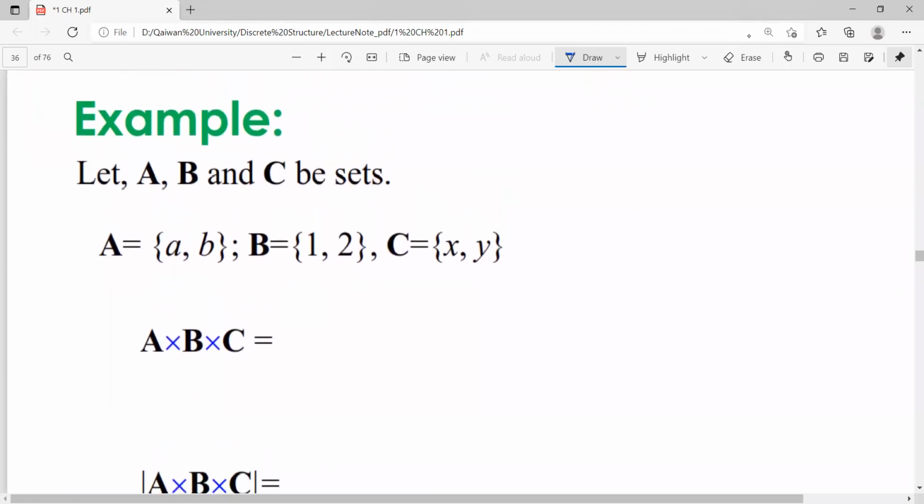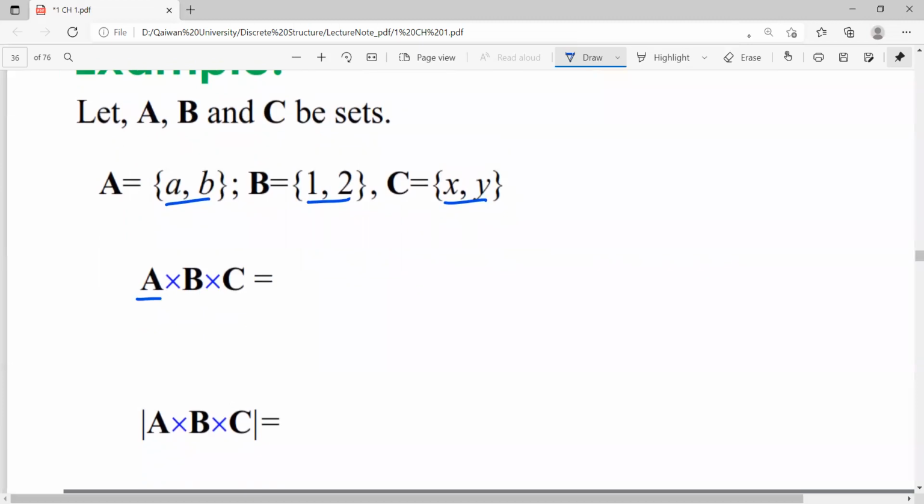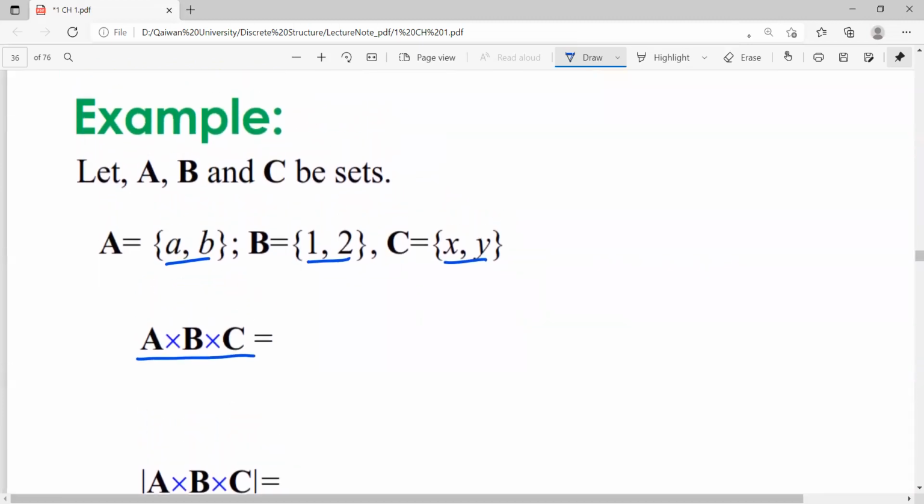And here you have 3 sets, A, B, and C. A is {a, b}, B is {1, 2}, C is {x, y}. To find A times B times C, we say (a, 1, x).